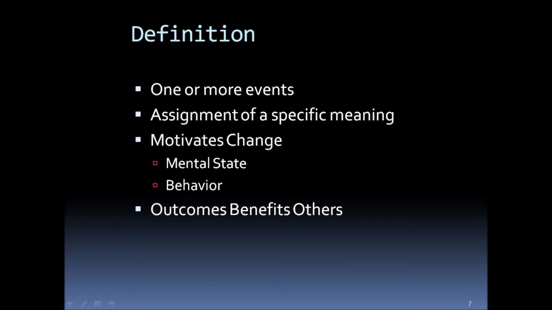So you have this event, and then you assign a meaning to it. And this meaning, in terms of my definition of spell, is usually something you were told. So you give it a meaning. The meaning then changes your mental state and can elicit a behavior.